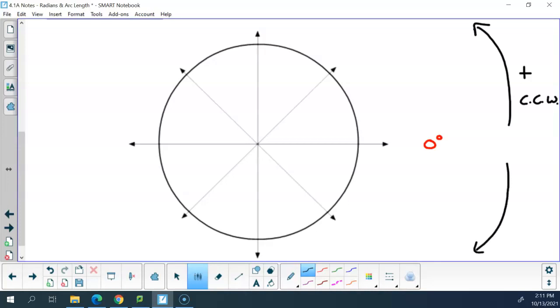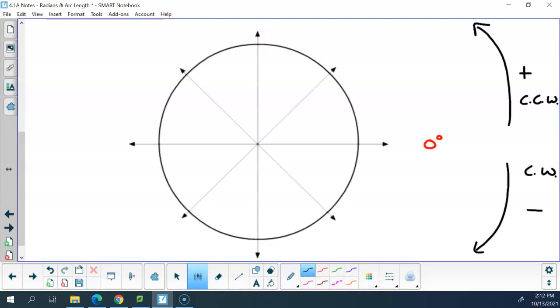Negative angles go clockwise around the circle. And it used to be really nice because we used to have a regular old analog clock in the room. And I would come over and say, clockwise is how time goes. Clockwise. Counterclockwise. Okay.